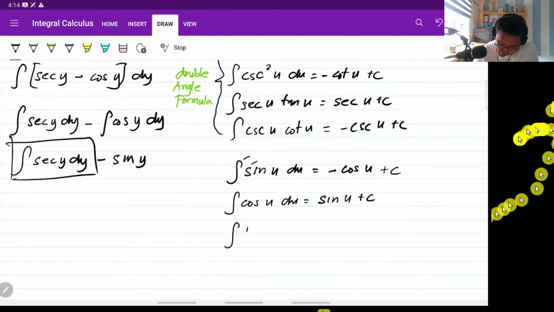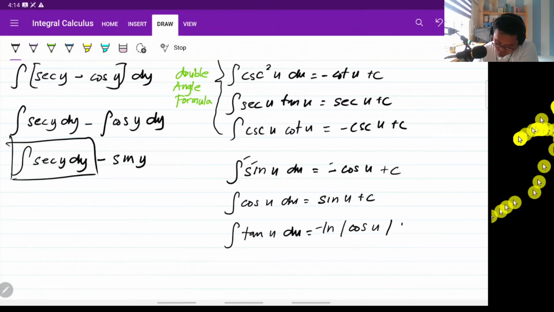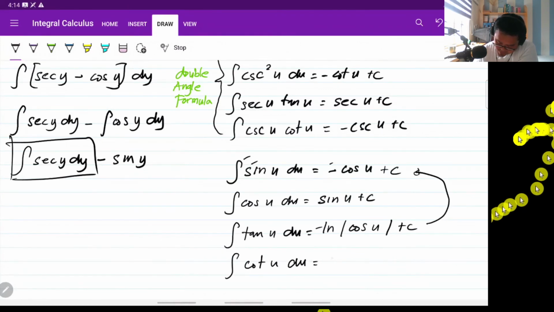The integral of tangent u du equals ln of negative cosine u plus c, negative because this is negative. So it is just a pattern. Next, the integral of cotangent u du equals ln, positive because this is also a pattern, so ln sine u plus c.